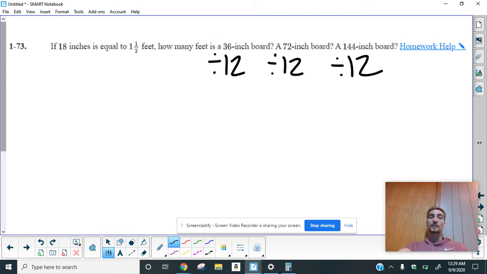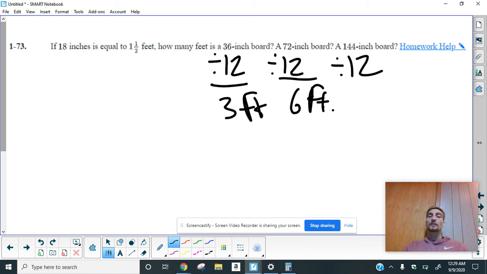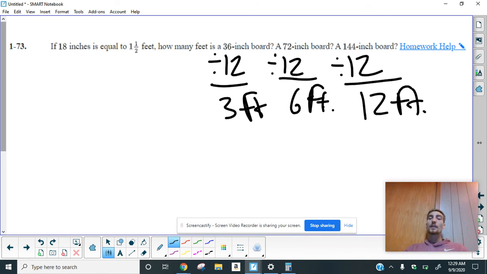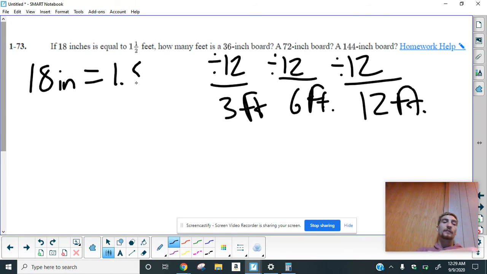So that's one way we could simply do it. And here we'd figure out 3 feet, 6 feet, and 12 feet. But if we really wanted to get fancy here, we could do a different way. All right, I'm looking at 18 inches equals 1.5 feet.